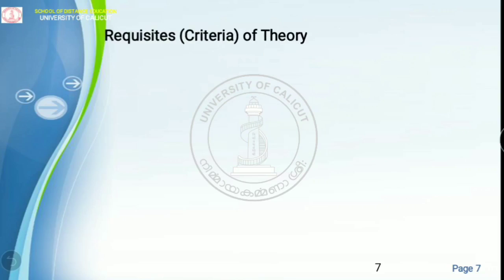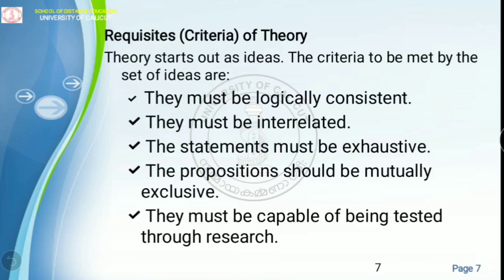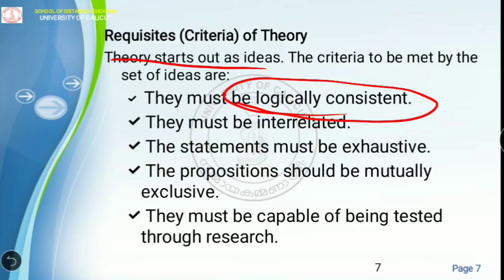And the requisites or criteria of a theory. A theory starts from an idea. The basic requisites are: they must be logically consistent. There should be a logical relation with the statements, and the ideas of the theory must be interrelated to each other, and the statements must be exhaustive, and the propositions should be mutually exclusive.